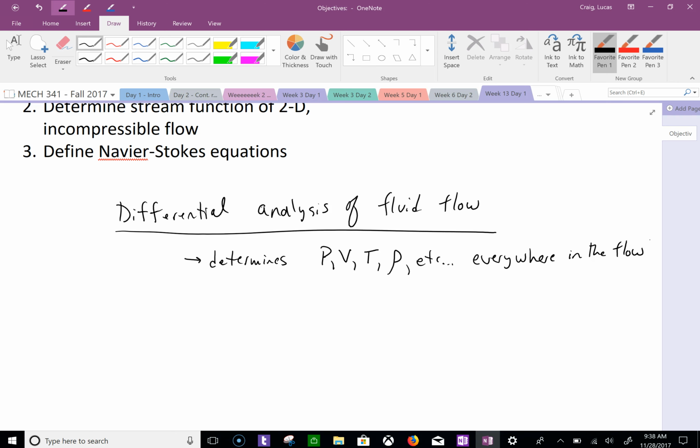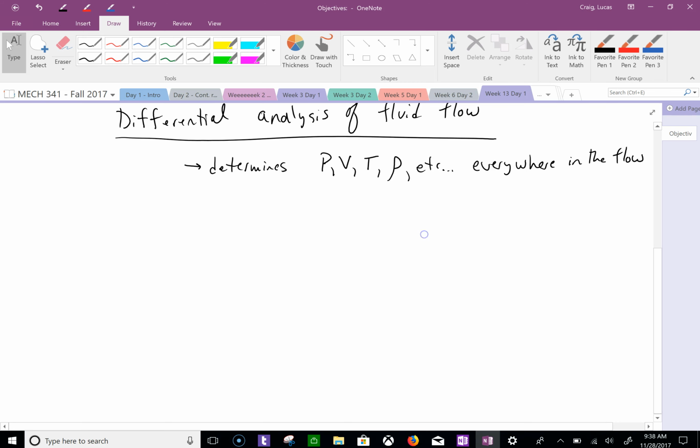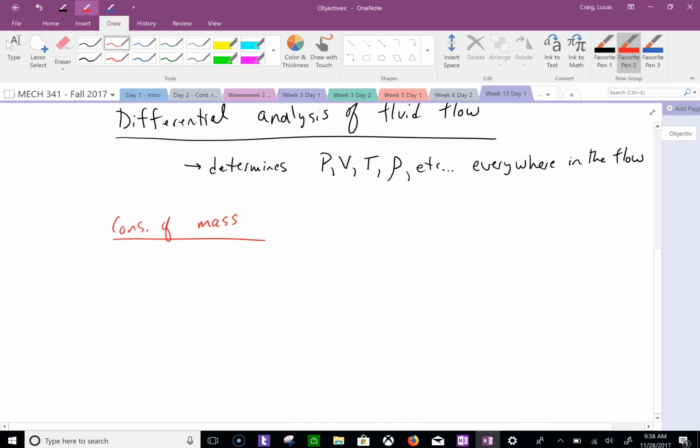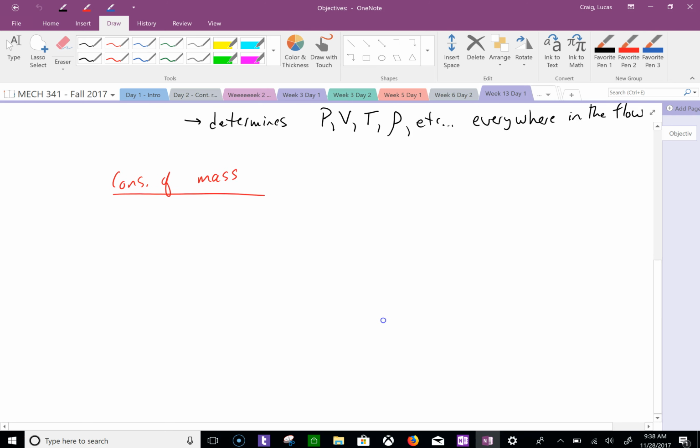So let's talk about conservation of mass. Write this down and I'll go through it.